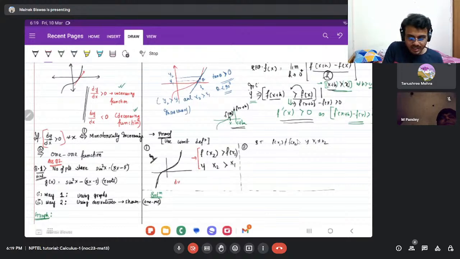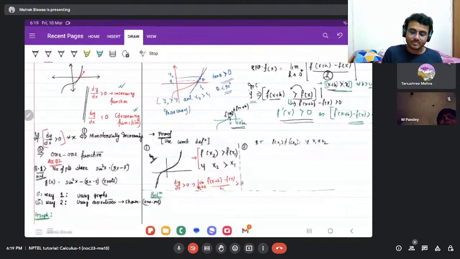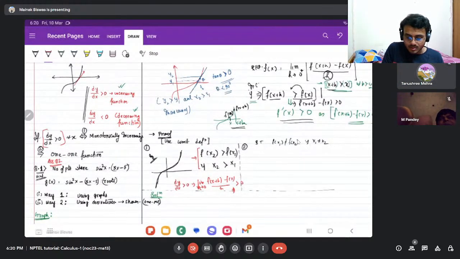dy/dx greater than 0 means the limit as h tends to 0 of f of x plus h minus f of x by h is greater than 0. So it's saying that f of x plus h is greater than f of x for all x.